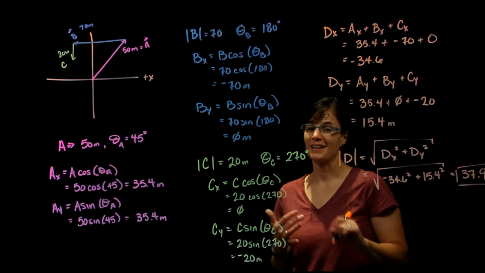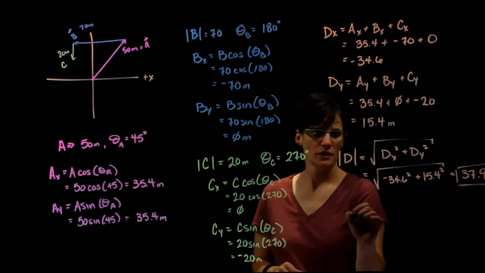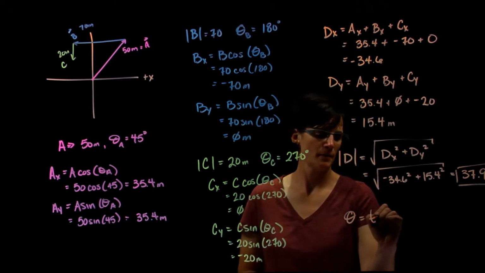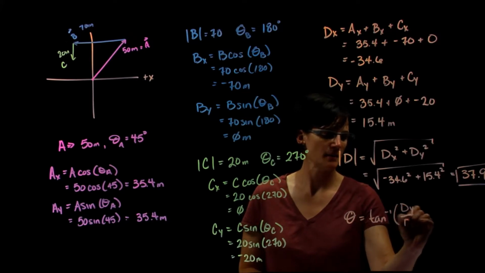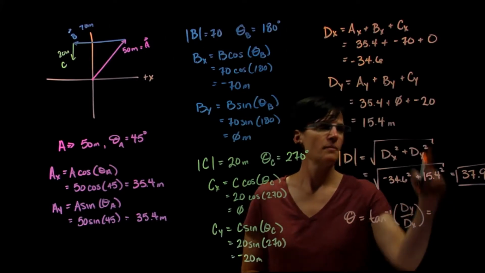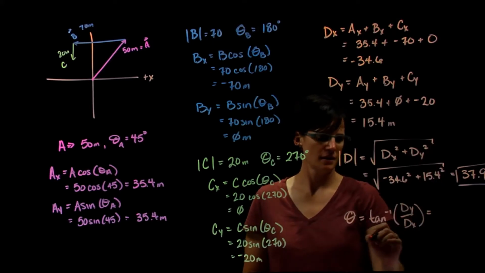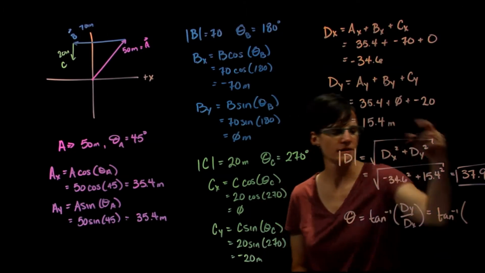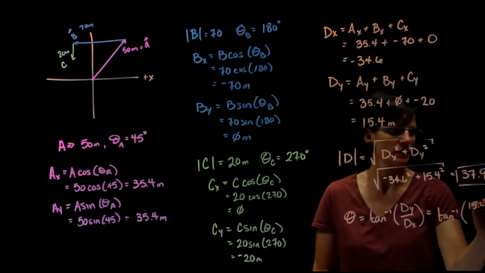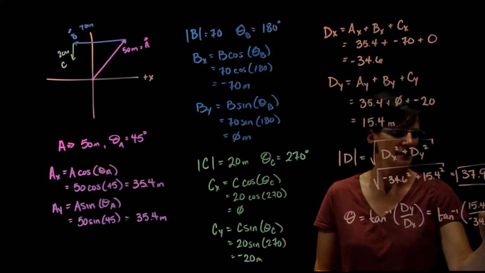The vector is not just a magnitude, but also an angle. So my angle, you will remember, is the inverse tangent of d sub y over d sub x. My inverse tangent of d sub y, which is 15.4, over d sub x, which is negative 34.6.